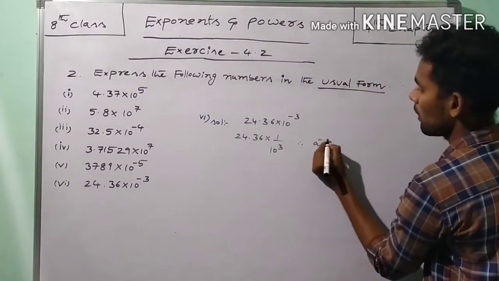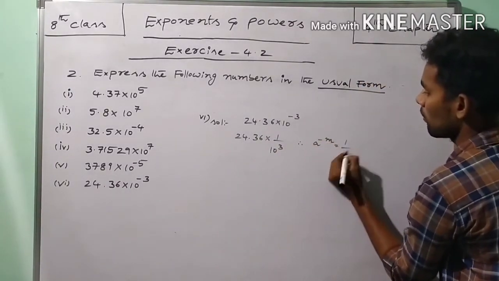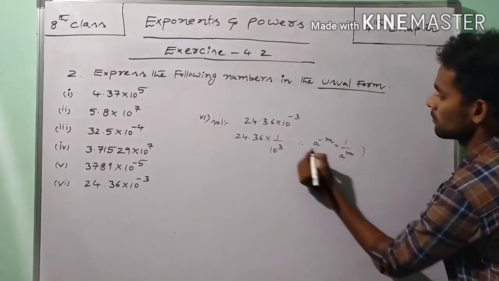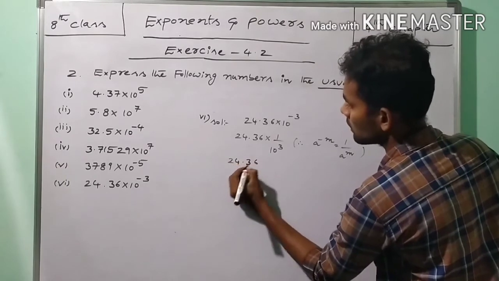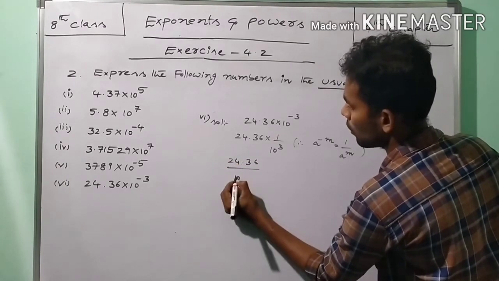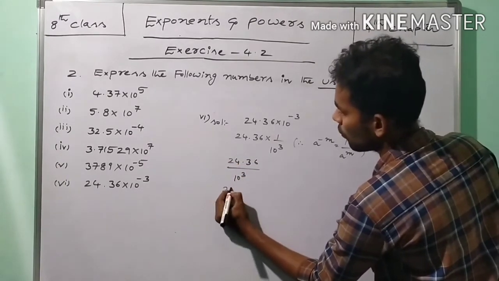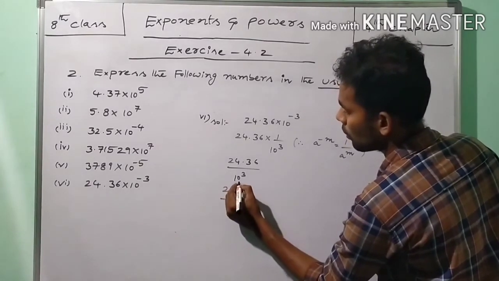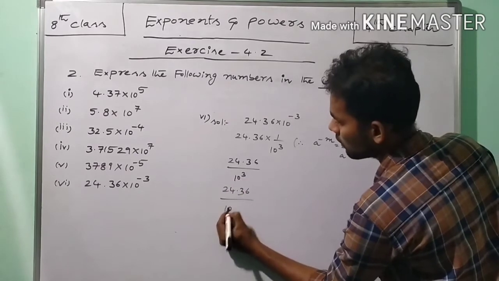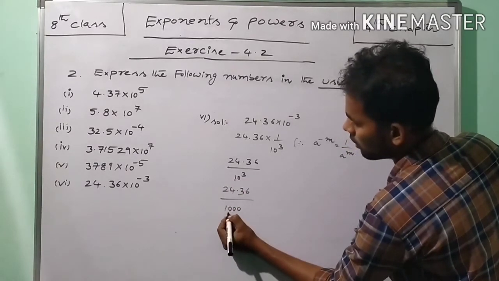Therefore, a power of minus m equals 1 by a power of m. 24.36 by 10 cube can be written with 3 zeros.